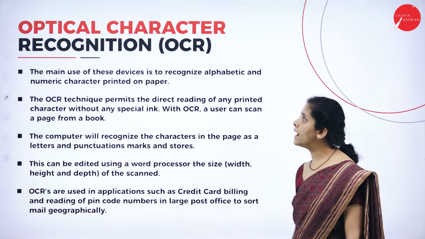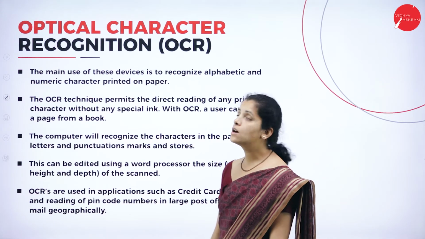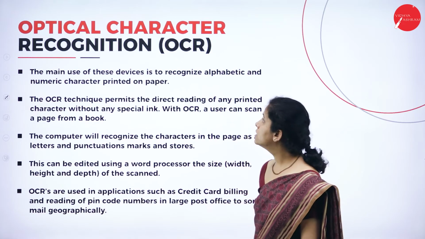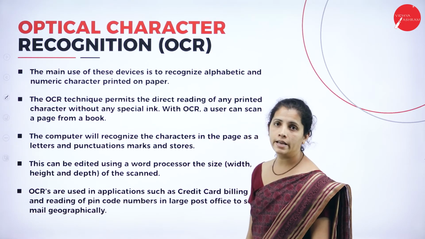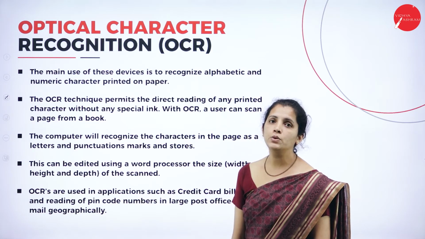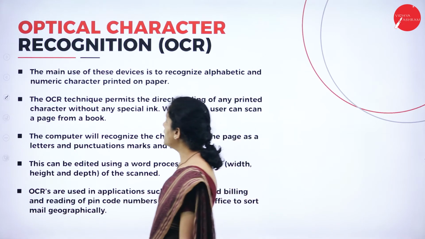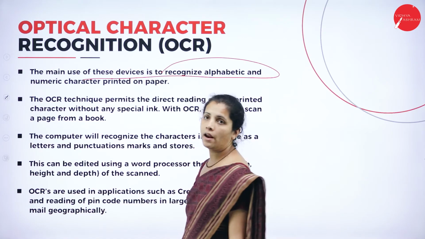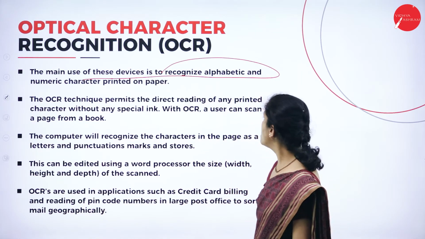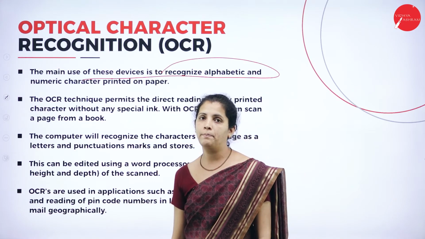Now, I am going to cover OCR. So, what is this OCR? That is optical character recognition, or optical character reader. It is mainly used to read characters. The main use of this device is to recognize alphabets and numeric characters on the paper.